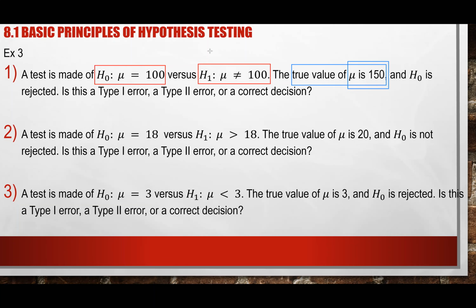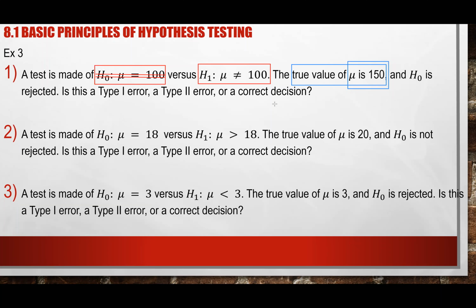Meaning again, what does it mean? H naught is rejected, meaning you throw this away, okay? So looking at this, they ask you, if you throw this away, is that a type 1 error, a type 2 error, or a correct decision?